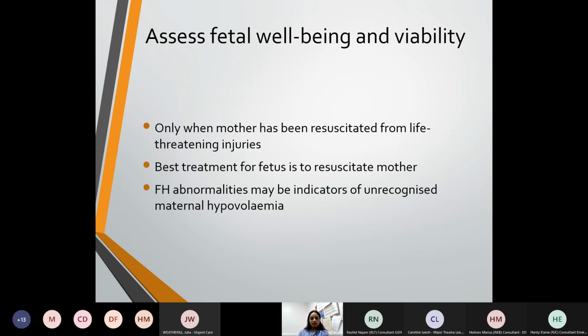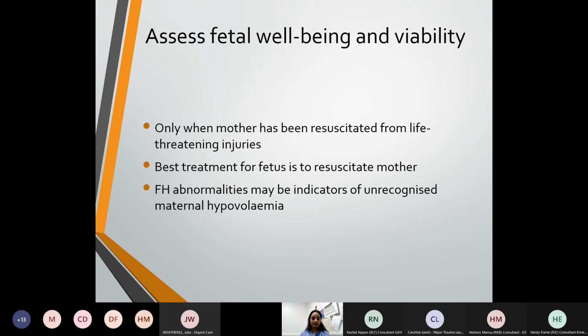So what about the baby? As I said earlier, the best treatment for the baby would be to resuscitate the mother adequately. So only when there is a mother who has had life-threatening injuries, you don't worry about the fetal viability at that stage.